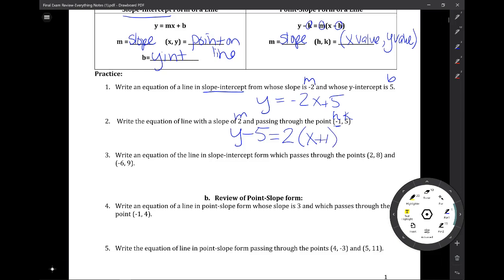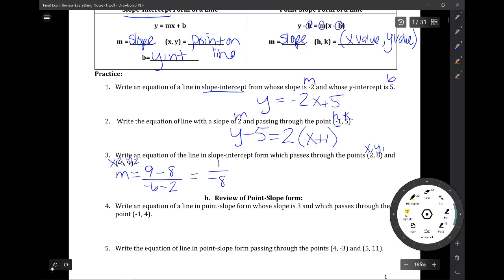Write the equation of a line in slope-intercept form that passes through two points. So the first thing we need to do is use our slope formula. So (x1, y1), (x2, y2). And so we have y2 minus y1 over x2, which I know I kind of covered up, minus x1, which is a 2.